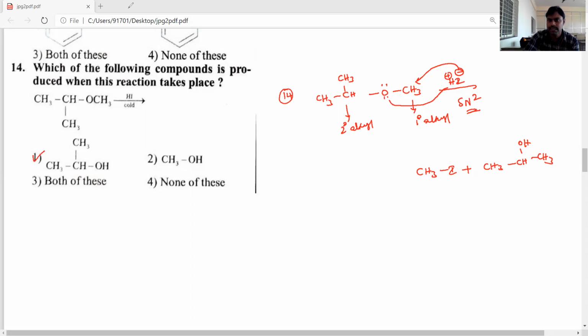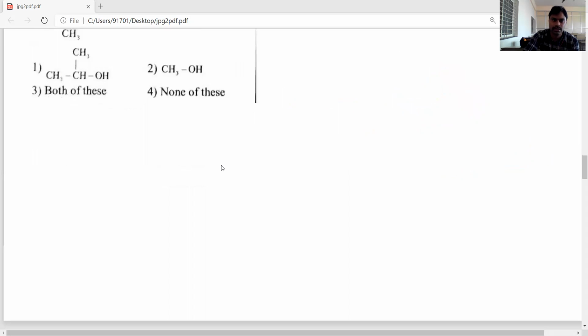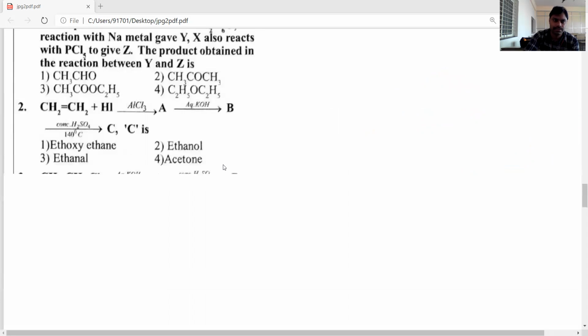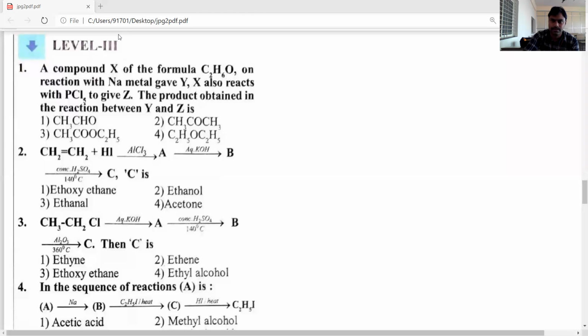Okay, let's see the remaining questions. Level 3. First question, listen dear students. A compound X has molecular formula C2H6O. It reacts with sodium metal, which means X should be ethyl alcohol, CH3CH2OH.